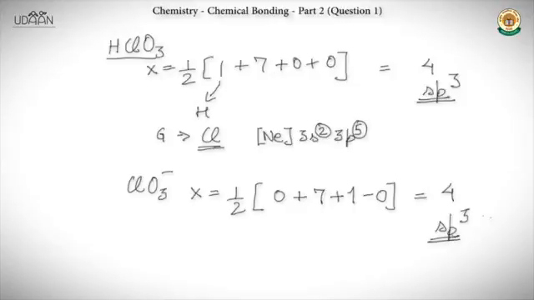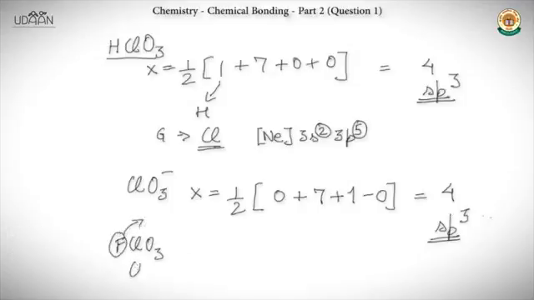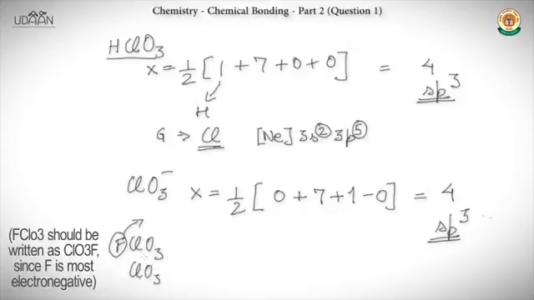But in this case, we have removed a more electropositive atom from an electronegative central atom. If it would have been a case like FClO3, and if we have removed F, then the charge on the central atom will be ClO3 plus. And here its hybridization will change.